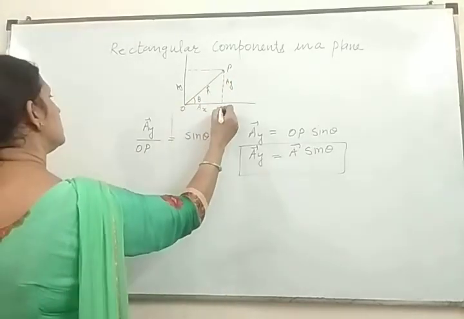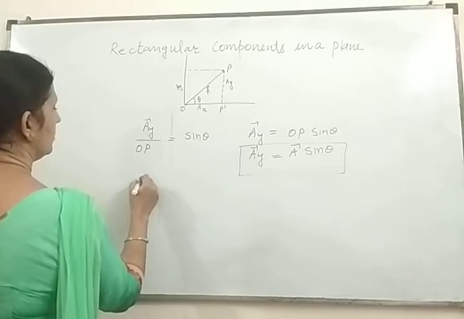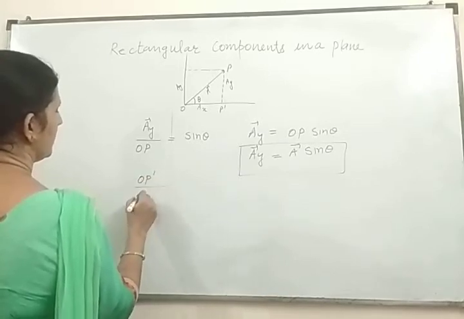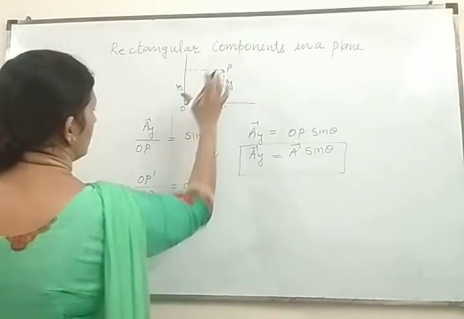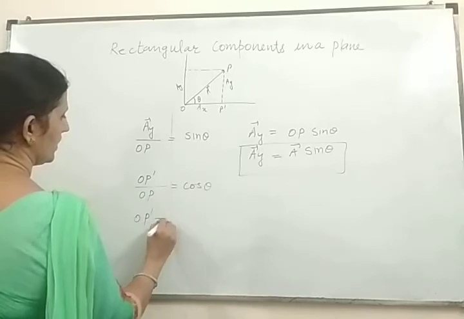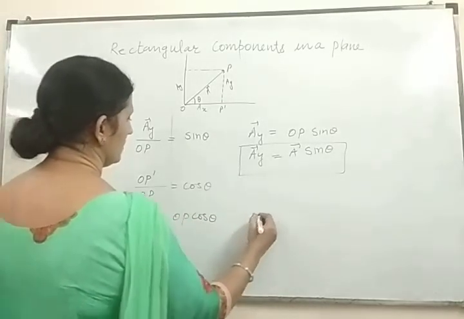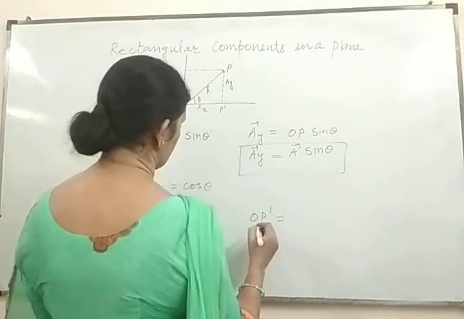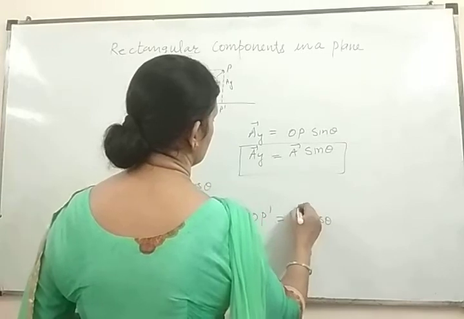For the x-axis, OP dash divided by OP is equal to what? Base by hypotenuse is cos theta. So OP dash is equal to OP cos theta, and OP dash is equal to AX cos theta.